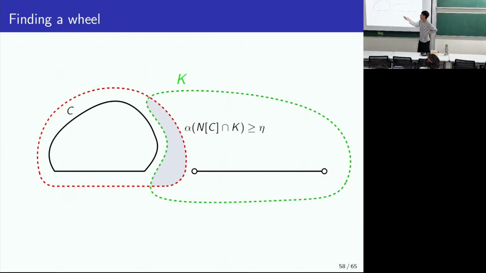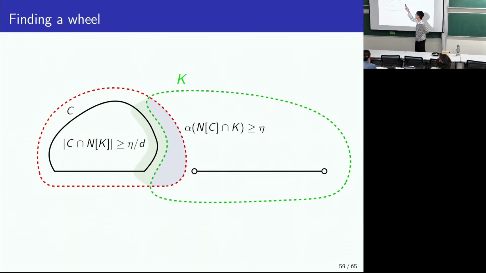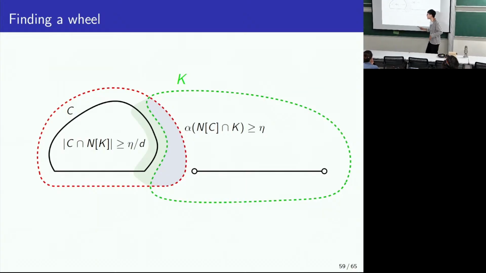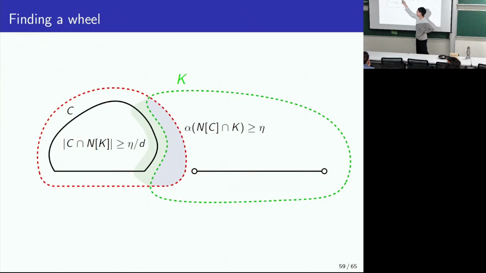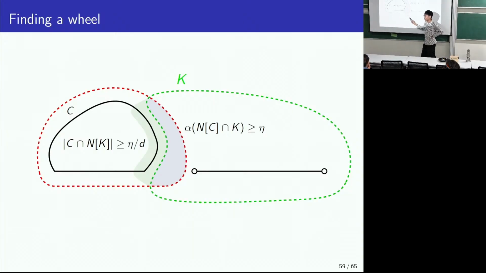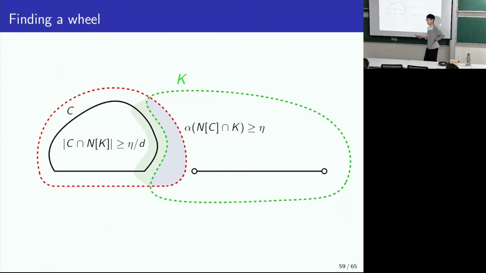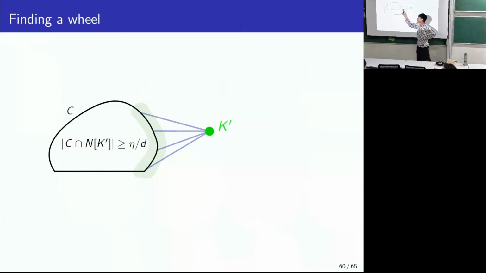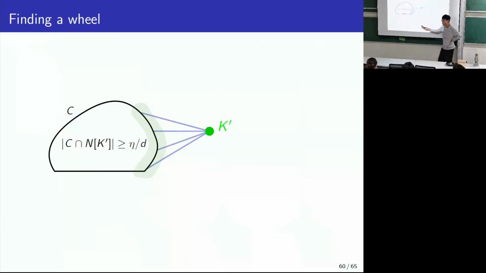So then we contract this K into one. Before that, because this blue area has large independence number, and we are in K_{1,d}-free graphs, the number of vertices on this cycle that have a neighbor in this blue area must be large. Then, when we contract this component into one vertex, this vertex meets a lot of vertices in our cycle, which gives a large wheel.